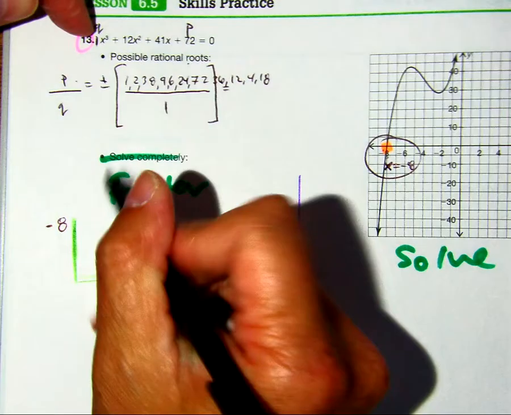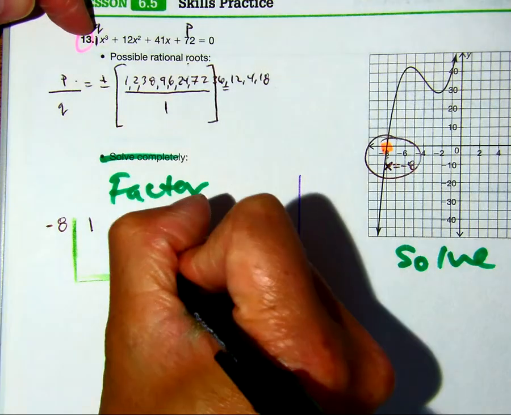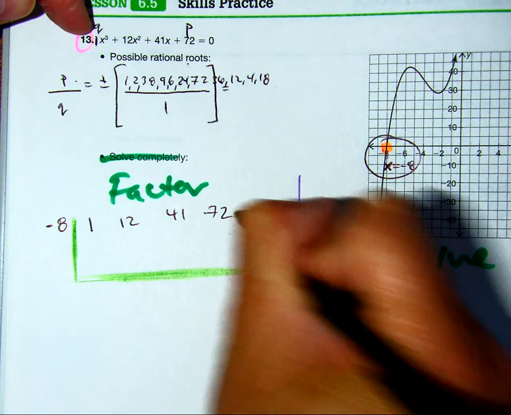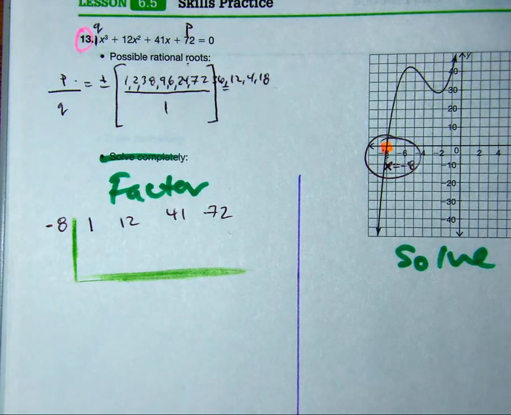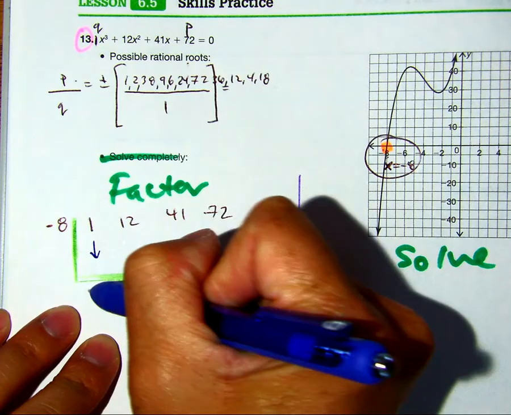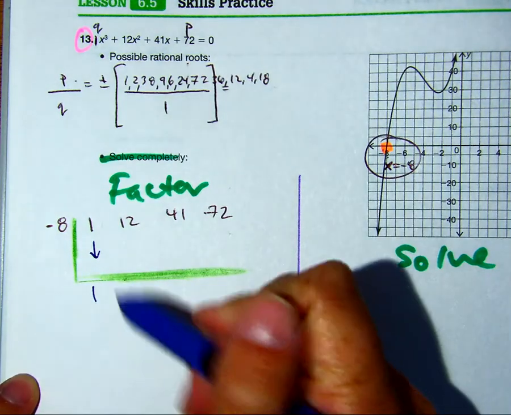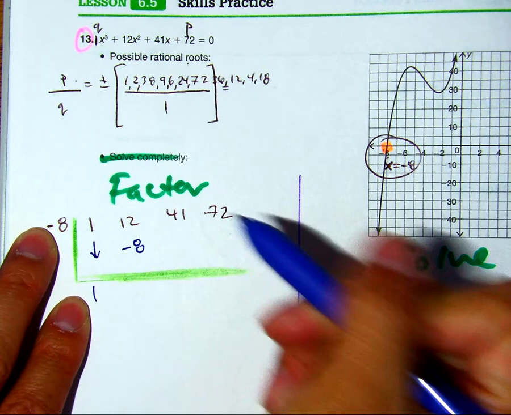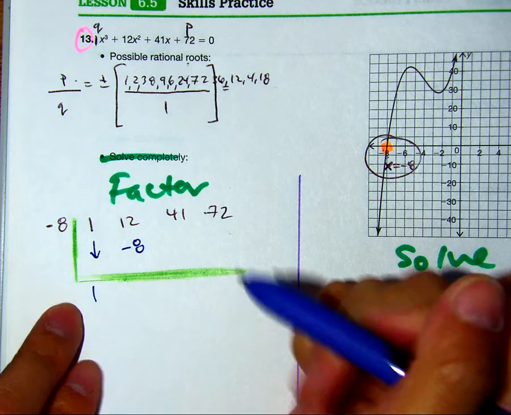1, 12, 21, 72. Justin, go ahead and complete synthetic division for us. And the number, multiply negative 8 in. That is 4.